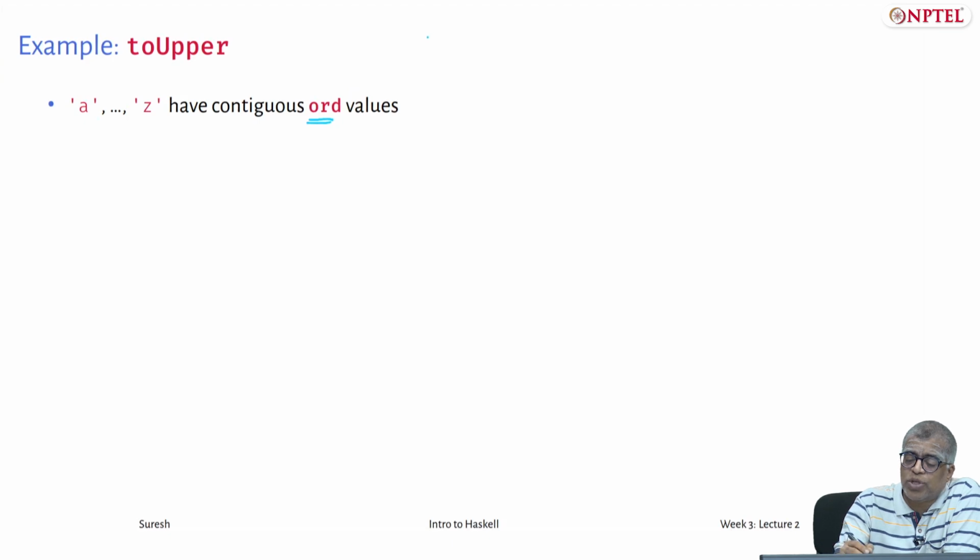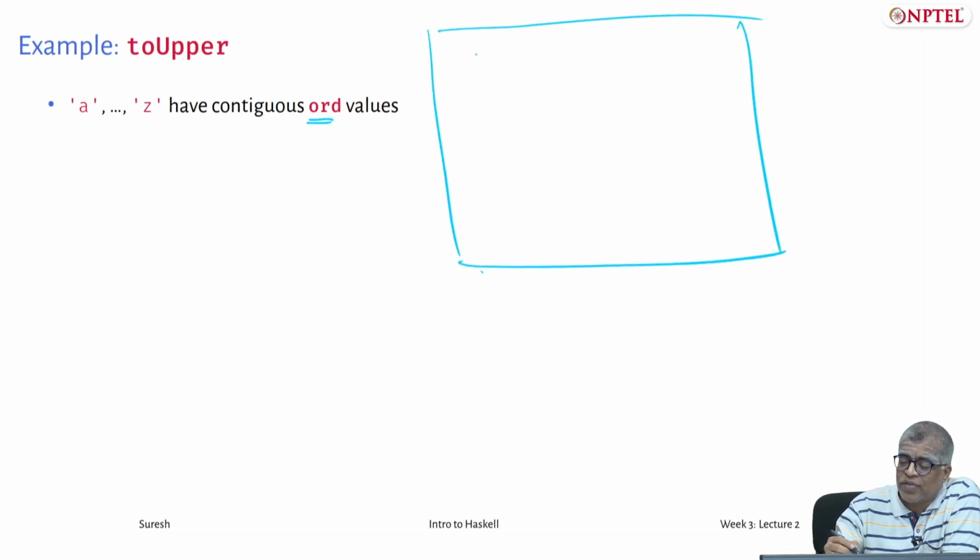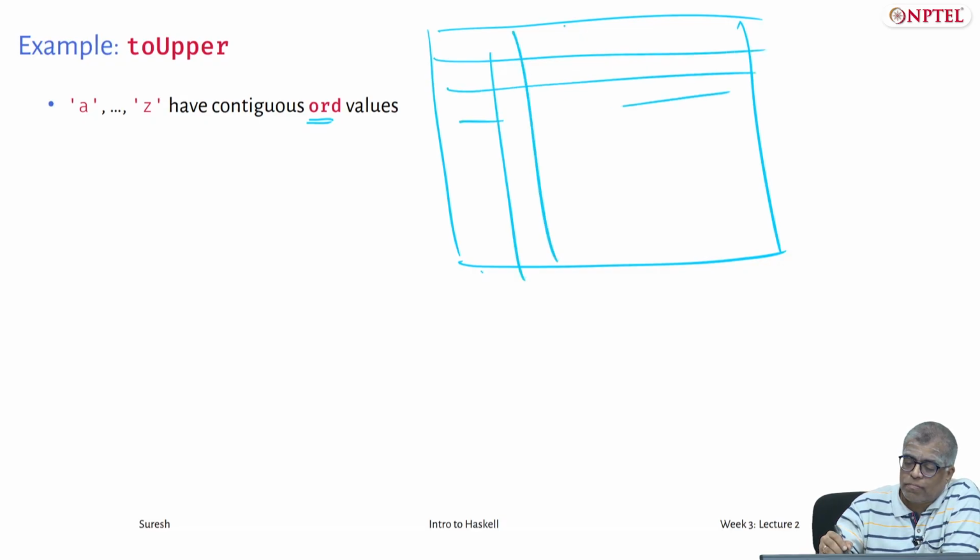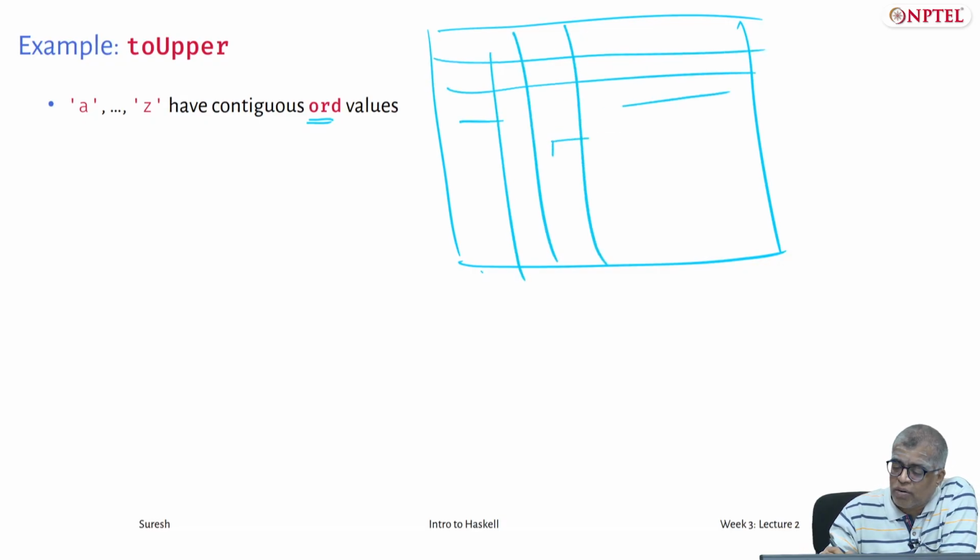Okay, so you have some huge table. All kinds of characters are stored. But somewhere here, in contiguous locations, you store small a to small z. And somewhere elsewhere, either later or before or wherever, in contiguous locations, you have capital A to capital Z stored.